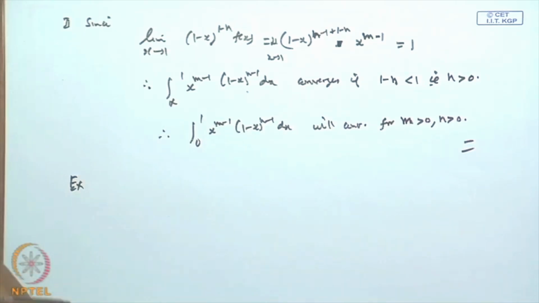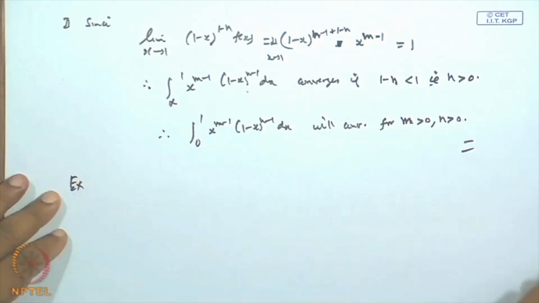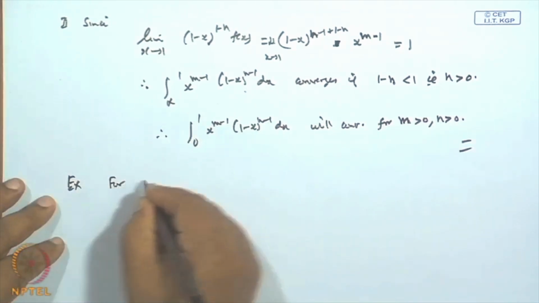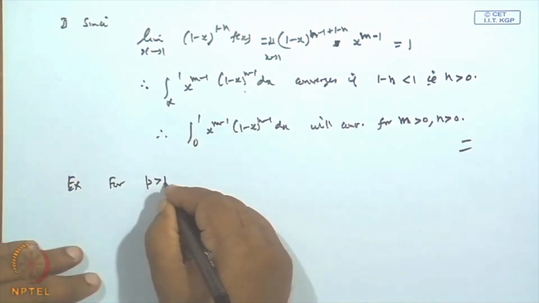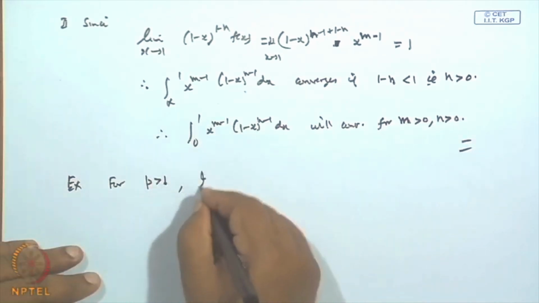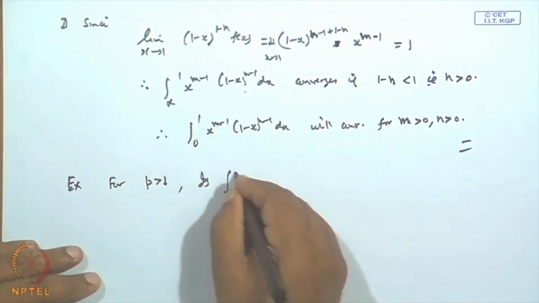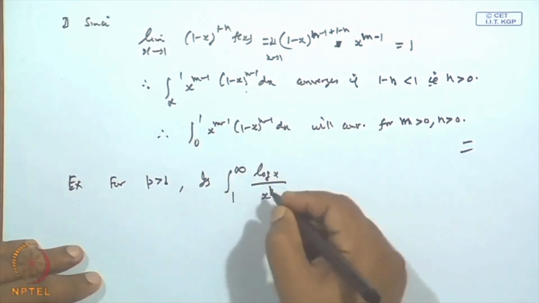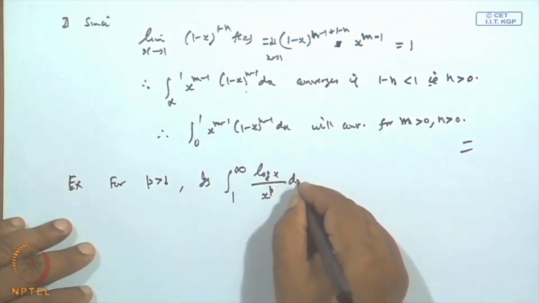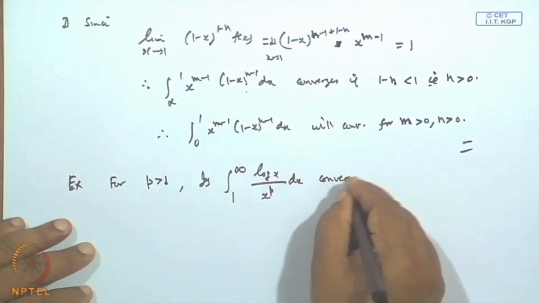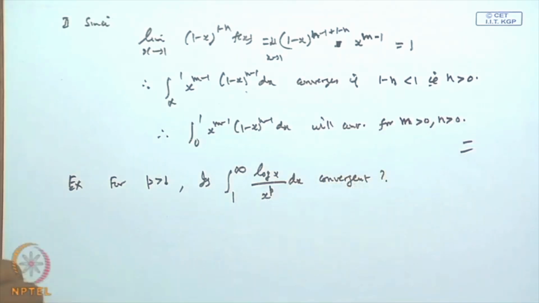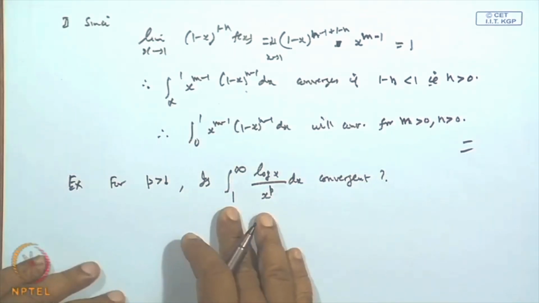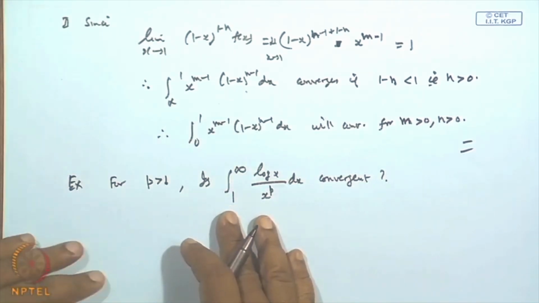Let us see: for p greater than 1, the integral 1 to infinity of log x over x to the power p dx is convergent. This we will show by the first definition itself.